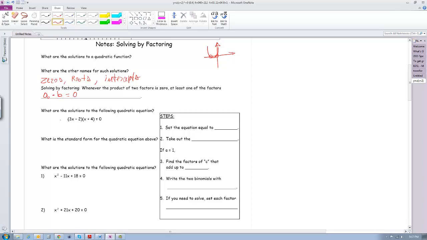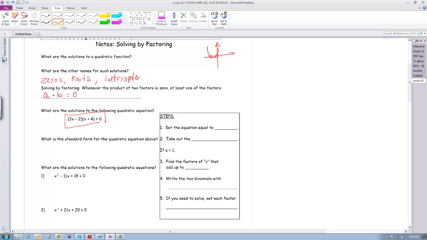So look at this quadratic here that has been factored already. You can say that the only time when this equation can be 0 is when either of these factors is 0, or when both these two binomials are 0 at the same time.